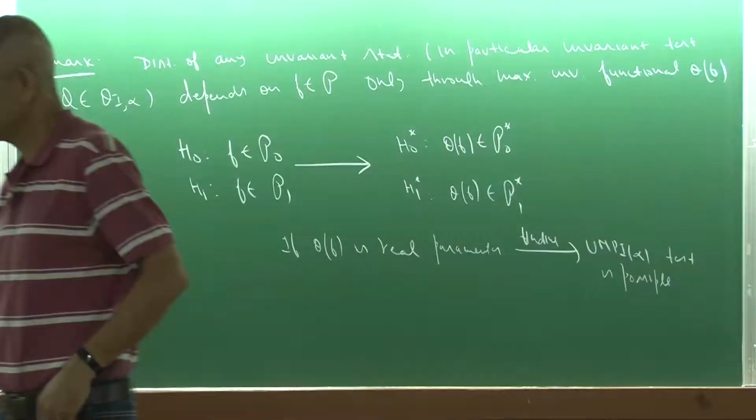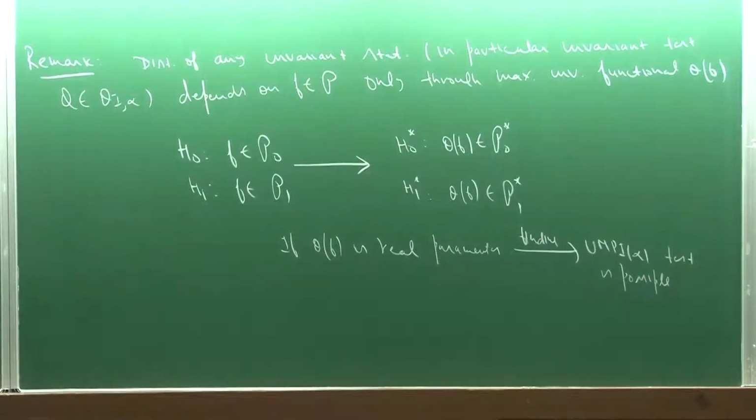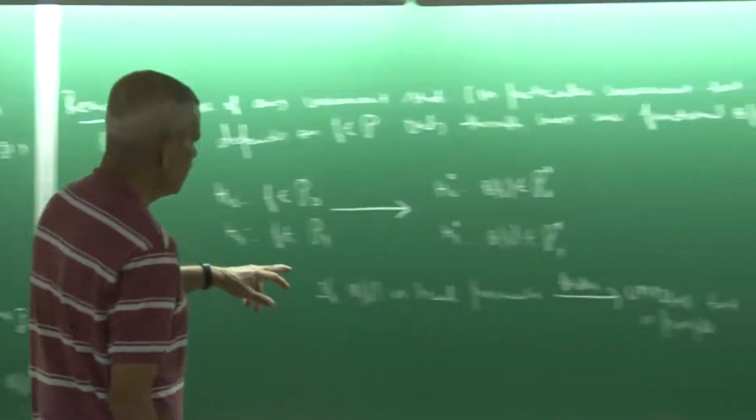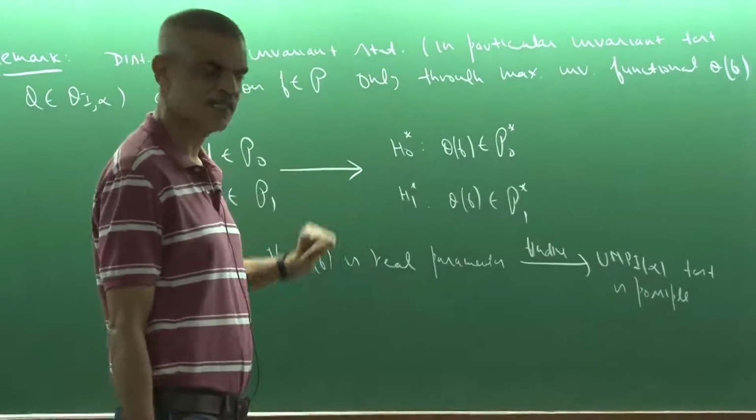So, that is the whole scenario. So, this invariance helps us in reducing the class of tests under consideration, and in certain situations we will be able to find the best tests.